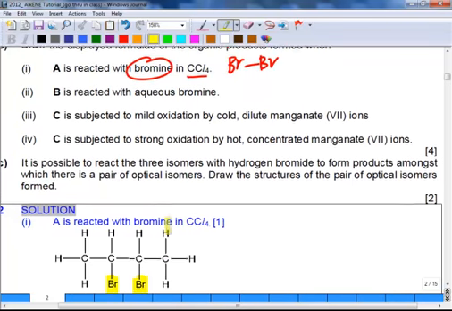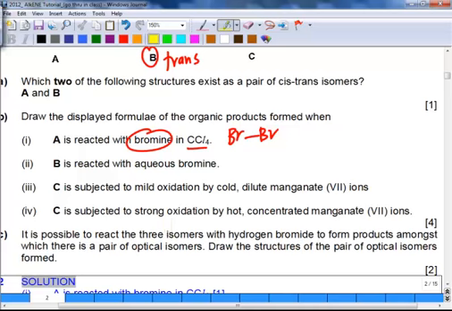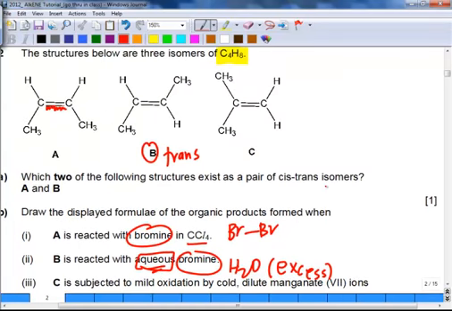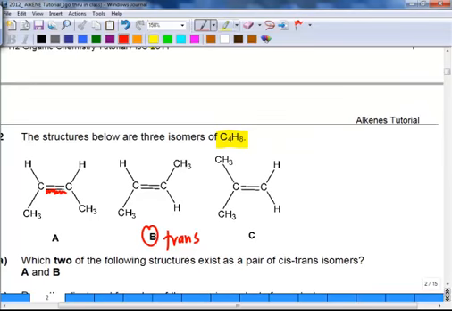Okay, so reacted with aqueous bromine. Plus, if you have aqueous bromine, what else do you have in your solution? Aqueous means H2O, correct? H2O is present in what? Large amount or excess. Okay, so in this case, you take a look for B. For B, on this carbon, I have one hydrogen and one CH3.